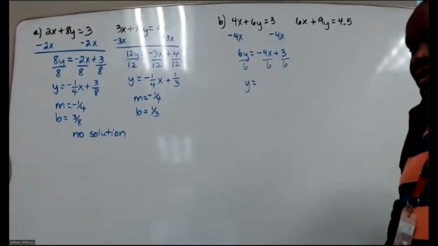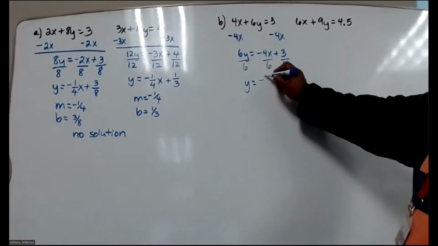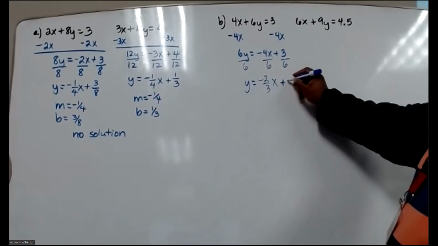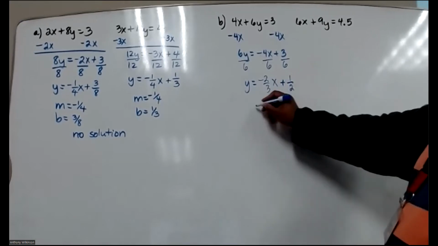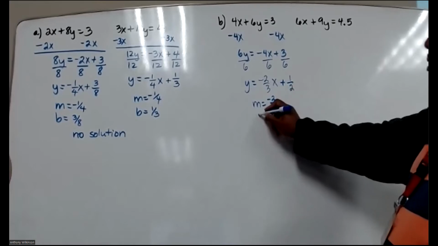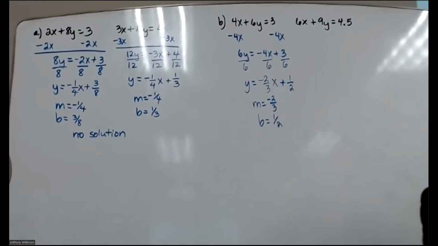Now, what's -4/6 in simplest form? -2/3. So this is -2/3 x. 3/6 in simplest form, 1/2. So the slope there is the coefficient of x, -2/3. The y-intercept is 1/2.